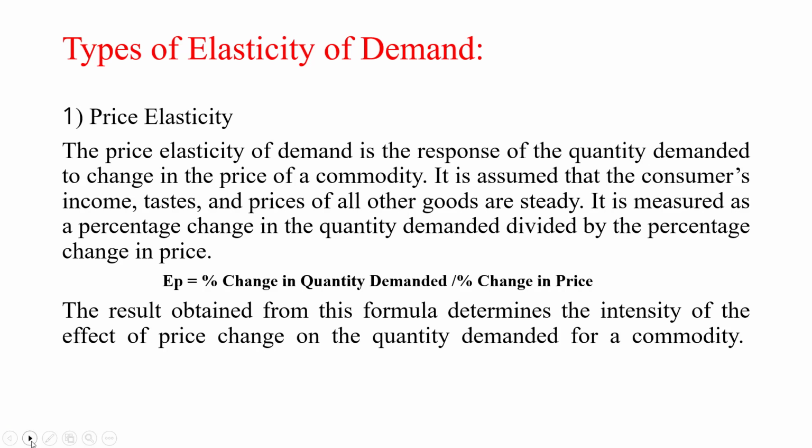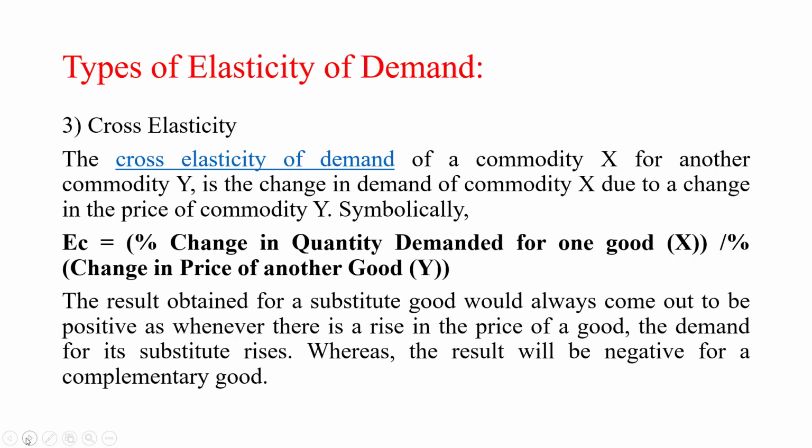Now next we will go to the third type of elasticity of demand, that is the cross elasticity of demand. What is cross elasticity of demand? It is the demand for a commodity X in response to another commodity Y. X and Y are two commodities.